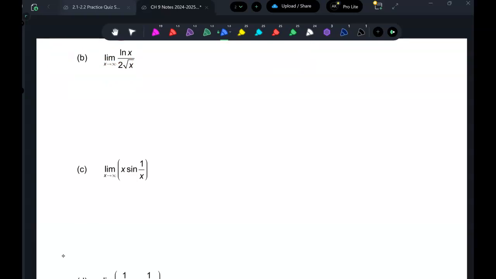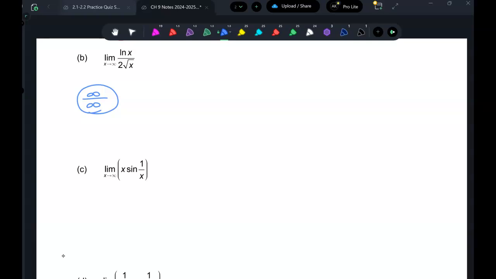Okay, let's see. What indeterminate form do we have here? So this is going to be infinity over infinity. Again, I don't want to take the time to write it all out, but on the AP exam you have to write out the limit of the top, the limit of the bottom.